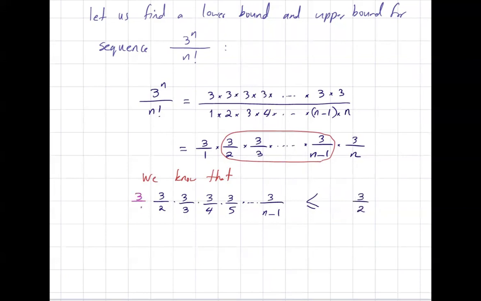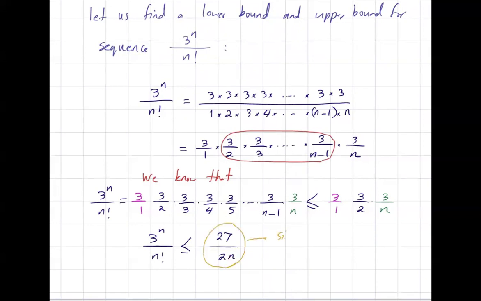3 over 1, 3 over 1, and then multiplied by 3 over n. Very good. So the sequence on the left-hand side is nothing but 3 to the n over n factorial. And on the right-hand side, it is less than or equal to 27 over 2n, which is a simpler sequence.